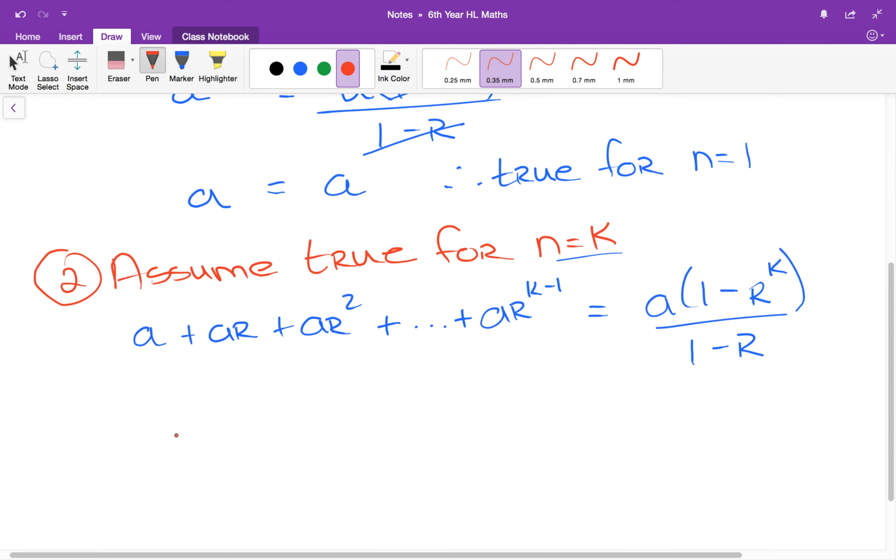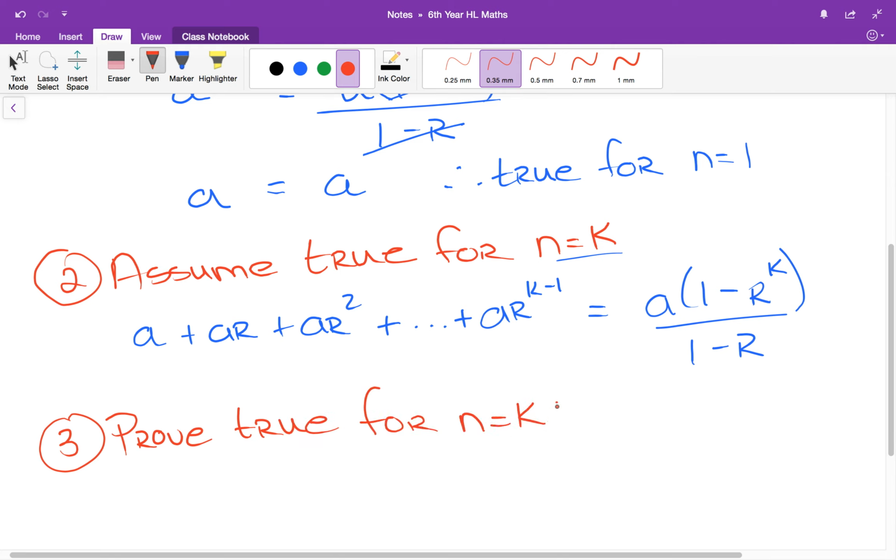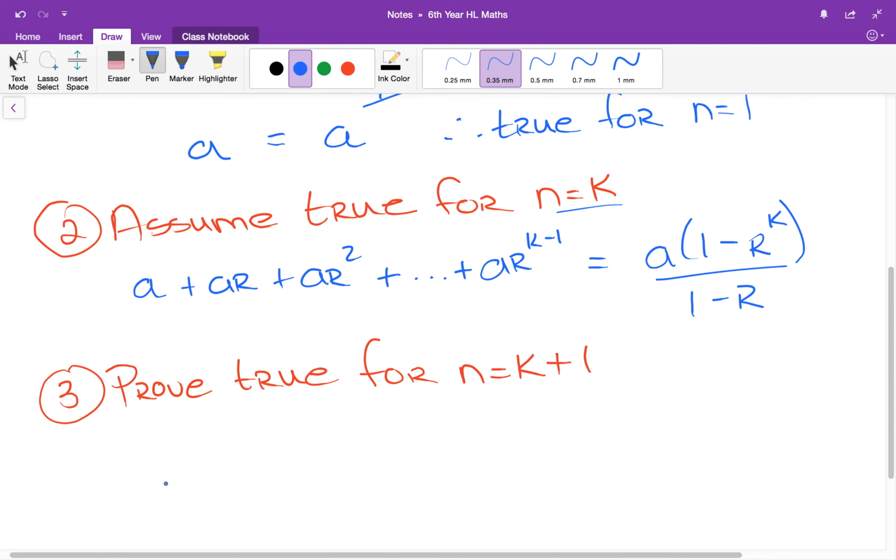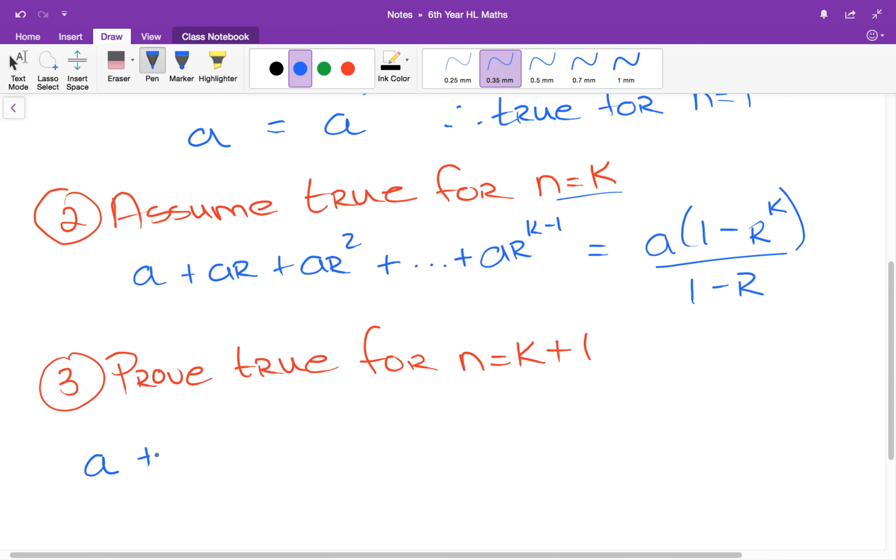So that's our assumption. Step 3 then is based on the assumption to prove that it's true for n equal to k plus 1. So again, same as the other series one. You write it out again. You keep the k term.